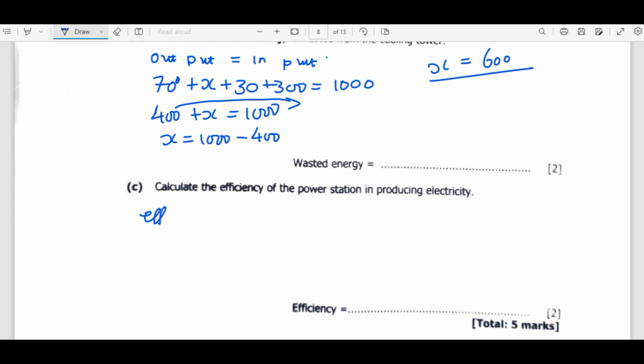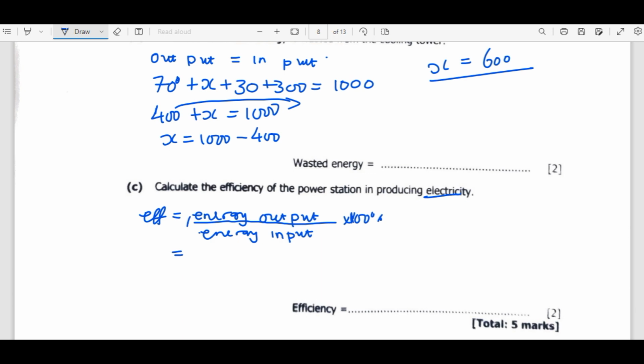So say efficiency is equal to, since we are dealing with energy, energy output over the energy input, then multiply by 100%. Now for this one, for the energy output, we are just going to focus on the energy that was used in producing electricity. We are not going to consider the other numbers.